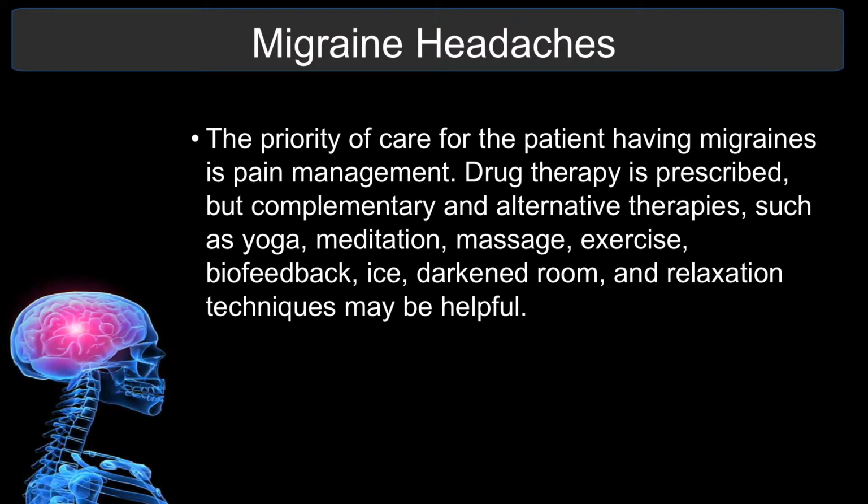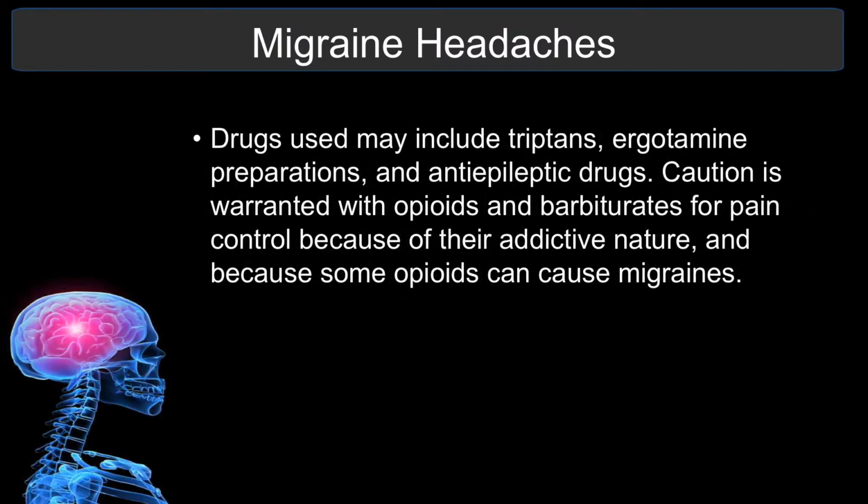Drug therapy is prescribed, but complementary and alternative therapies such as yoga, meditation, massage, exercise, biofeedback, ice, a darkened room, and relaxation techniques may be helpful. Drugs used may include triptans, ergotamine preparations, and anti-epileptic drugs. Caution is warranted with opioids and barbiturates for pain control because of their addictive nature and because some opioids can actually exacerbate or cause migraines.